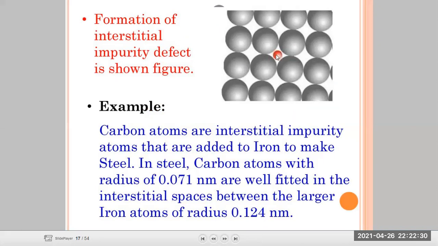If this open space is filled by some atom, we say that is the interstitial impurity. An example for this interstitial defect is carbon, an interstitial impurity atom that is added to iron to make steel. So carbon in iron is a good example of interstitial impurity.